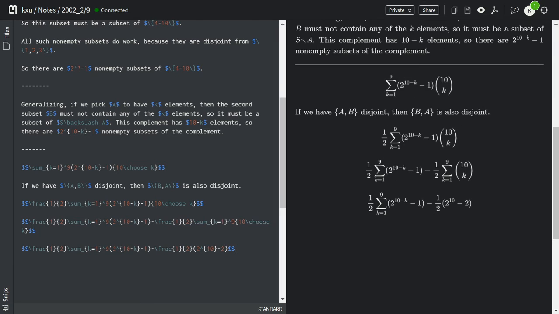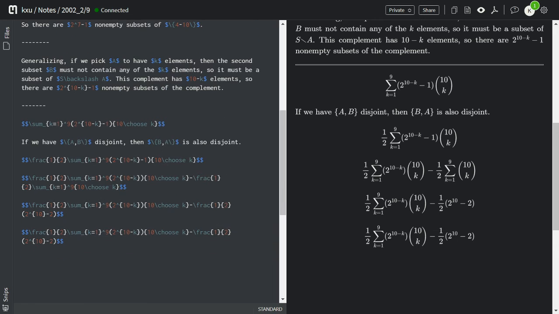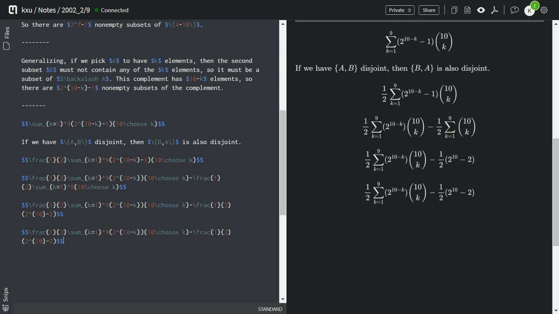And the first summation, oh wait, I distributed wrong, did I? Huh. What am I doing? This is 10 choose k. This is also 10 choose k. So this is going to be, and excuse any other noises you can hear, that's just interruptions in the background.